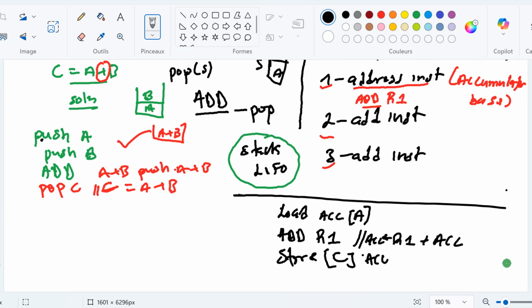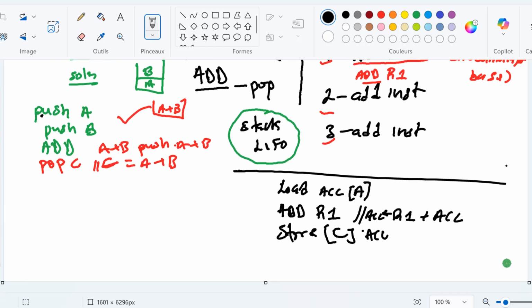Good. But now the next thing I wanted to precise, I'm even making a small mistake. Generally when you are manipulating load and store, don't precise square bracket. Why is that we don't precise square bracket here? Because we know already that load and store manipulate memory.